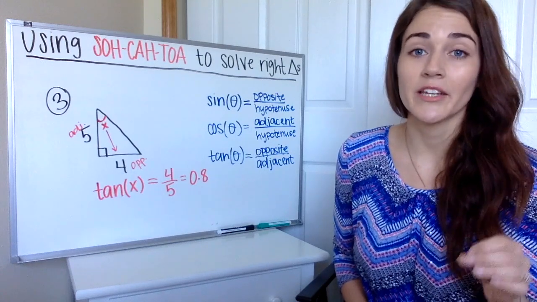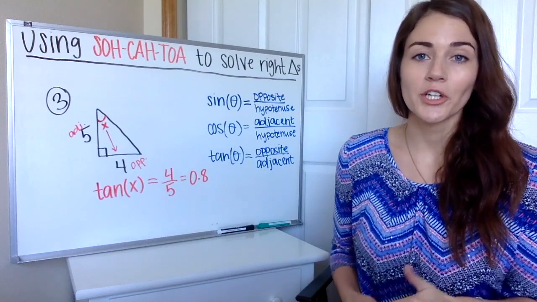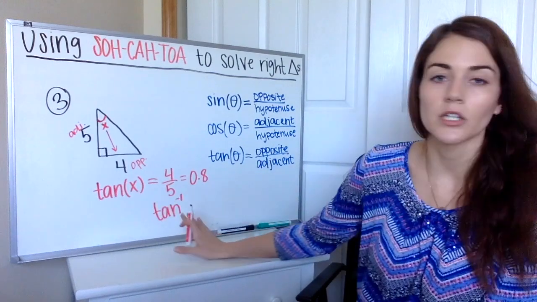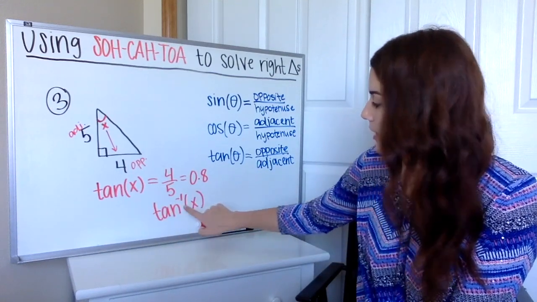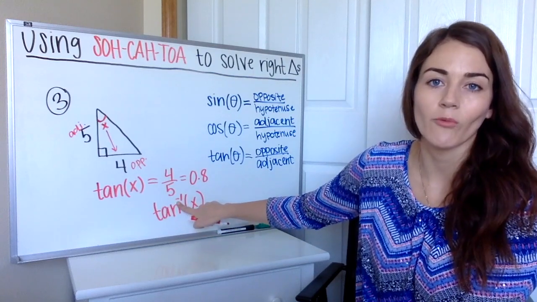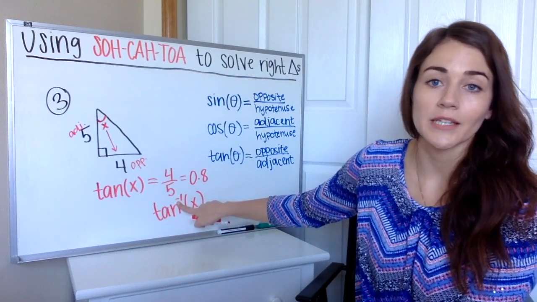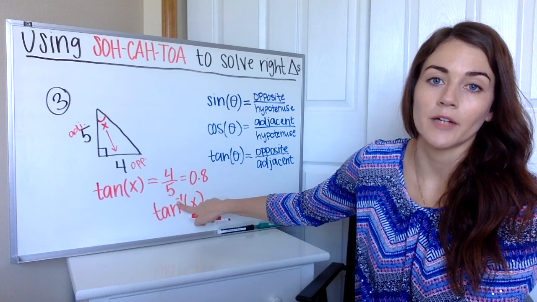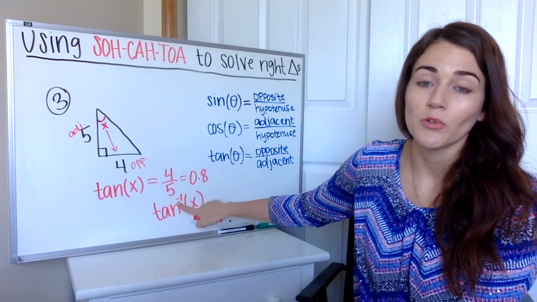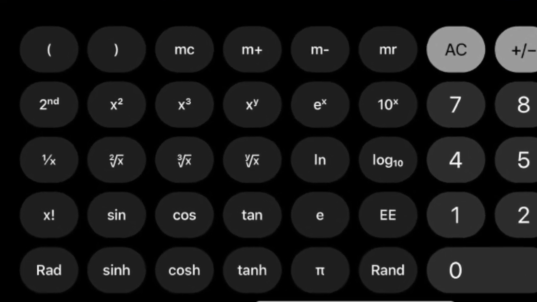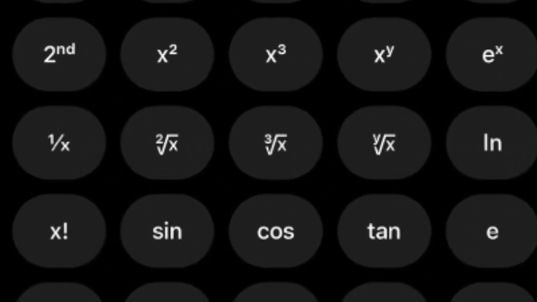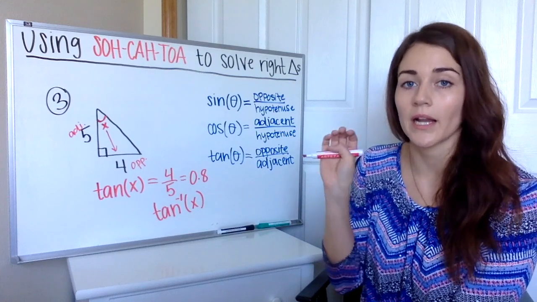We use their inverse functions, which on your calculator will look just like usual, like this button here, except for it will have that -1 there. If you're using an iPhone or a phone calculator, you most likely will have to hit that second button, and then your sine, cosine, tangent will all turn to inverse sine, inverse cosine, inverse tangent.